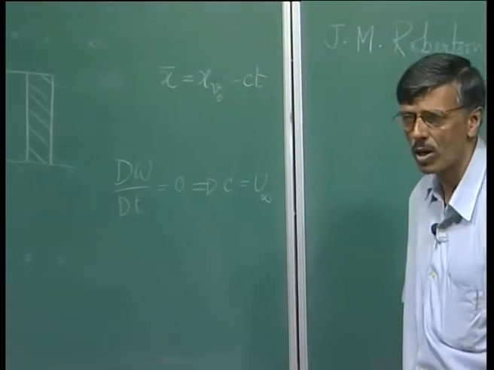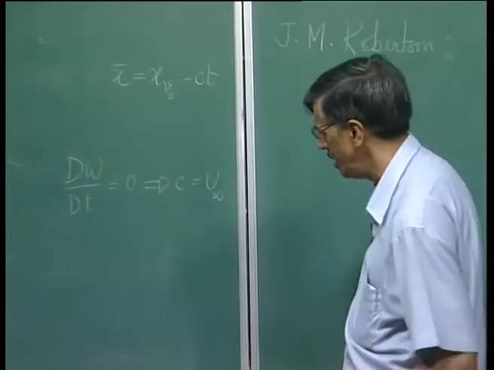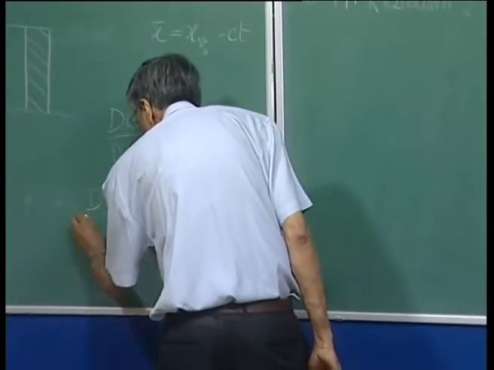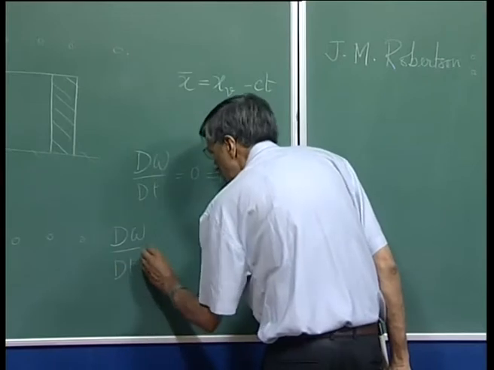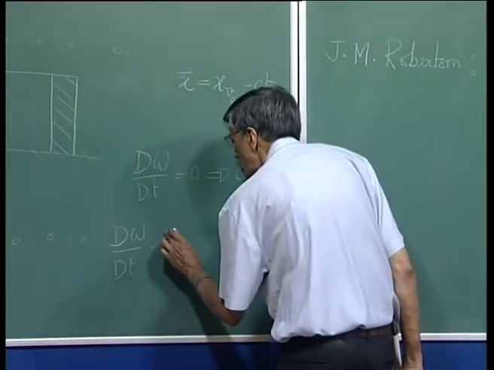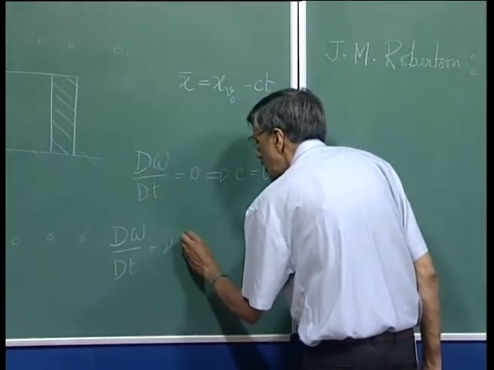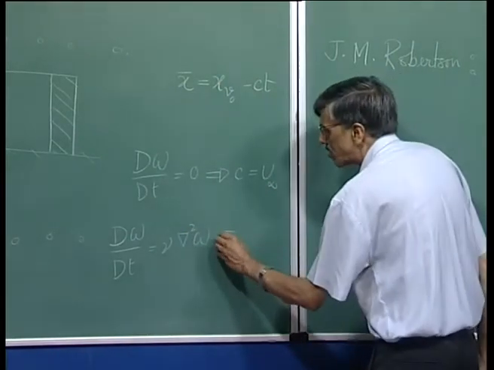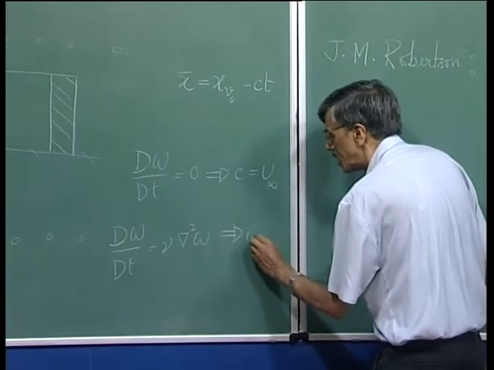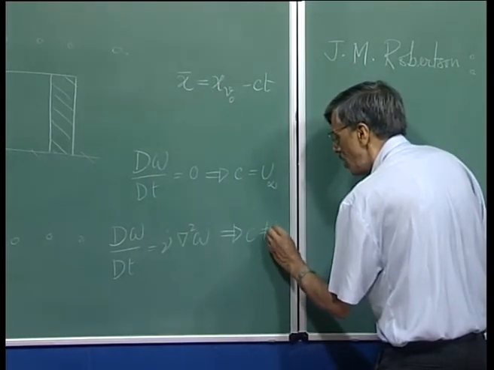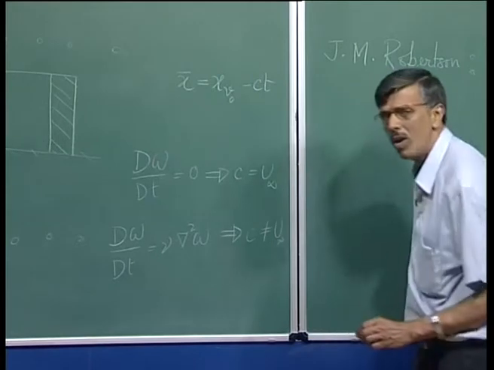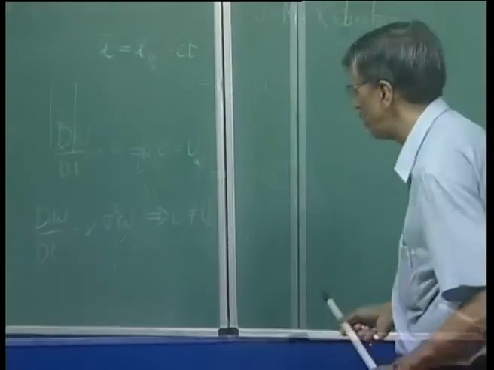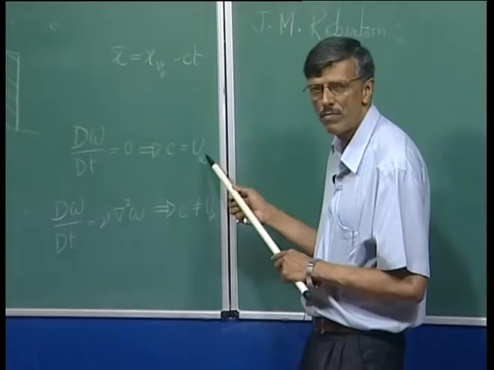But suppose I talk about some viscous vortex, then even in a 2D framework, it would be like d omega dt equal to nu times this. And this per se will give you the condition that C will not be equal to infinity. For a long time, people in stability theory fruitlessly argued in favor of this.